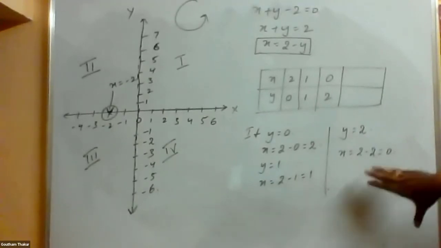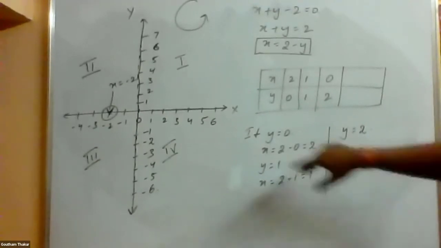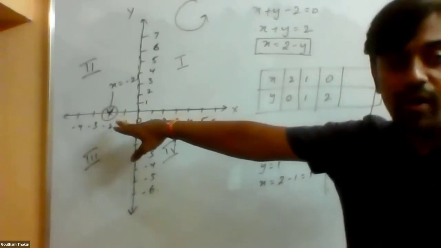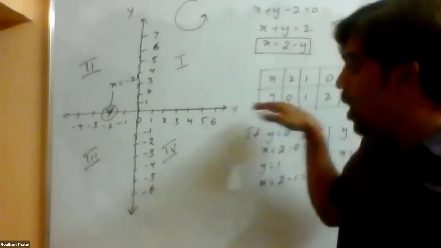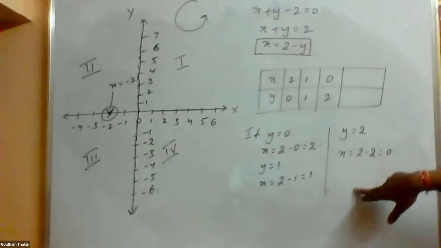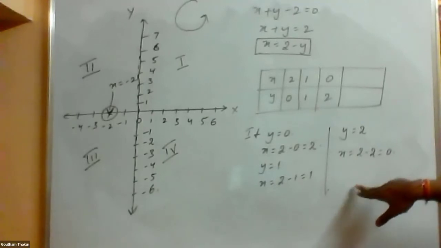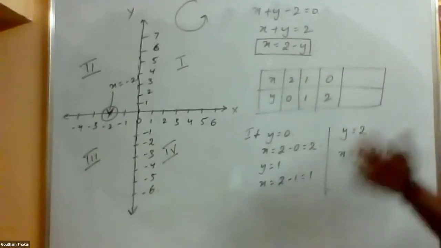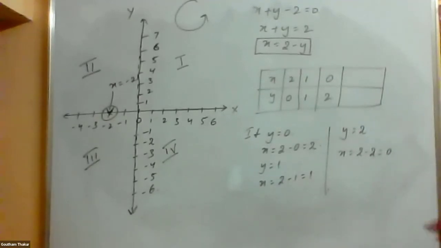Now see, if I construct this as in one variable, I just got a point on the number line. How is the graph represented when I construct this? Let's learn how to construct it.